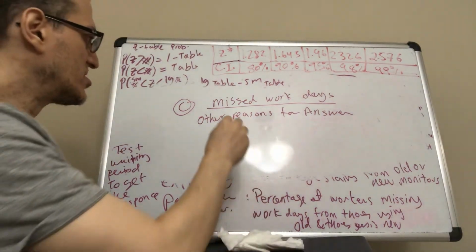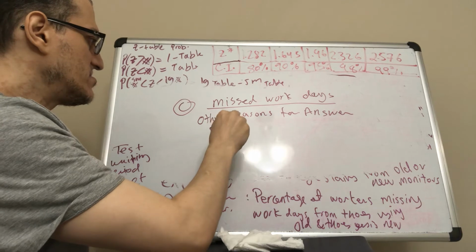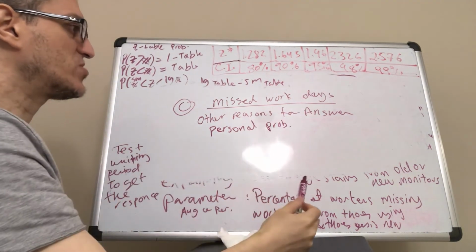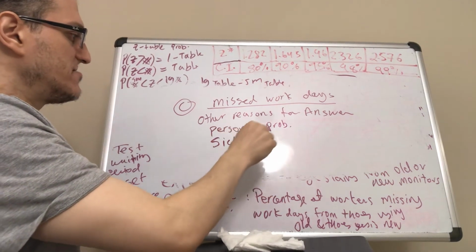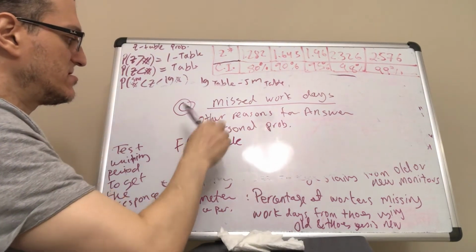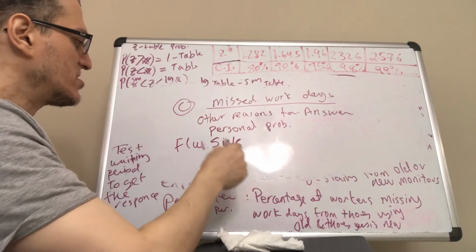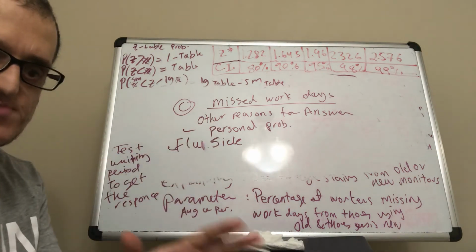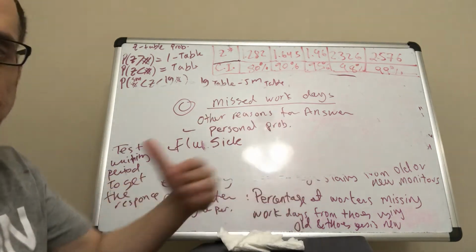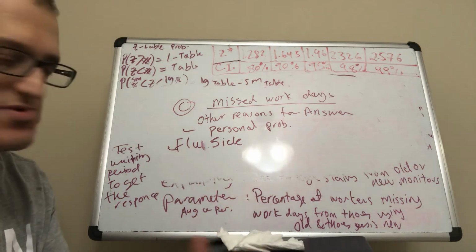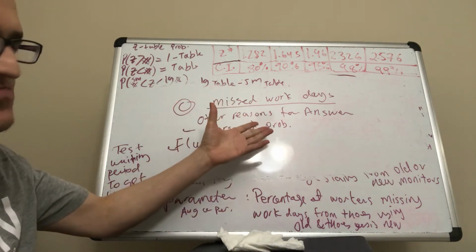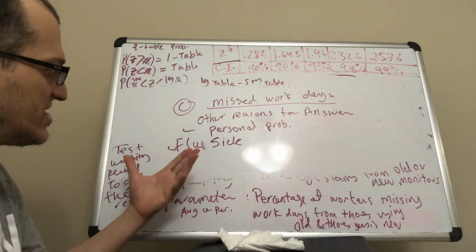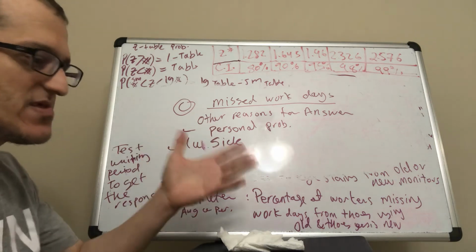Maybe they missed work because of personal problems. Maybe they missed work because they were sick or had the flu. So other reasons for missing work not related to the eye problem. Those other reasons, we call them confounding variables or lurking variables. Other reasons that could have affected the answer, not necessarily the fact that they're using new or old. So come up with any reason that could affect the answer other than the one in the study.